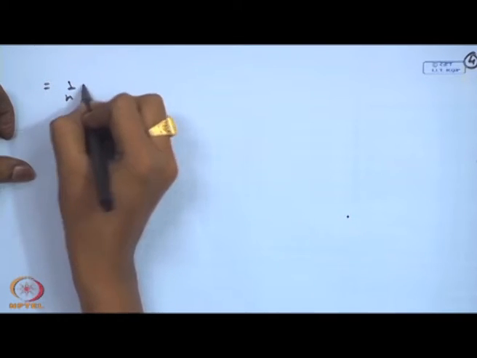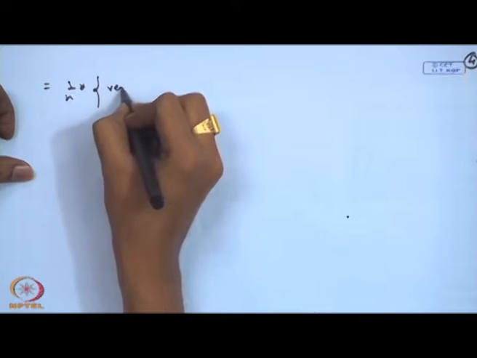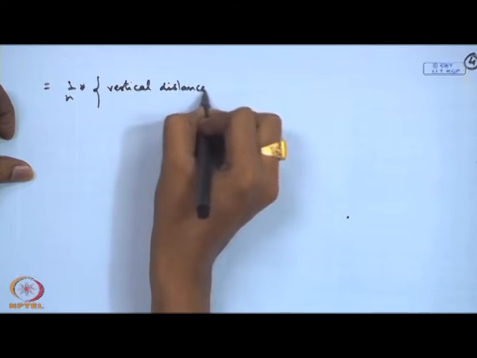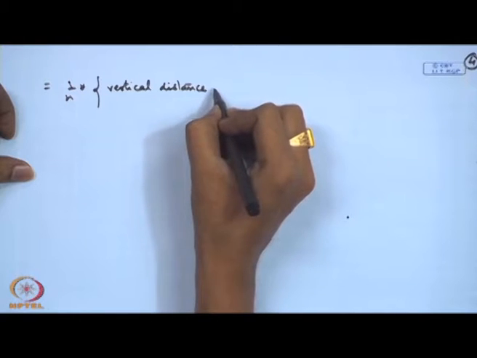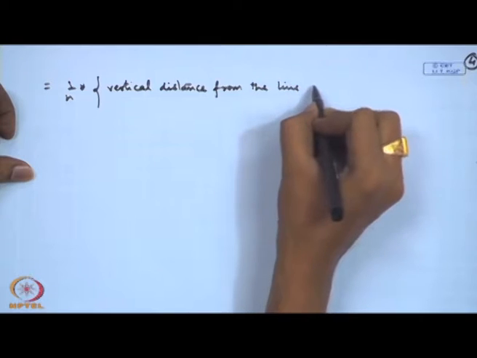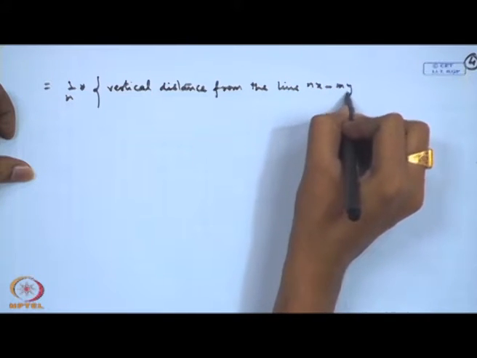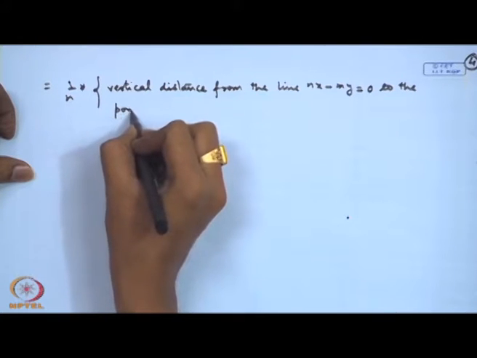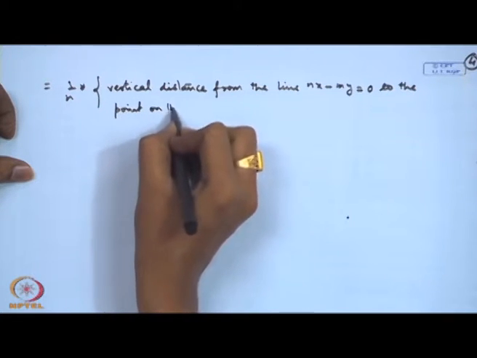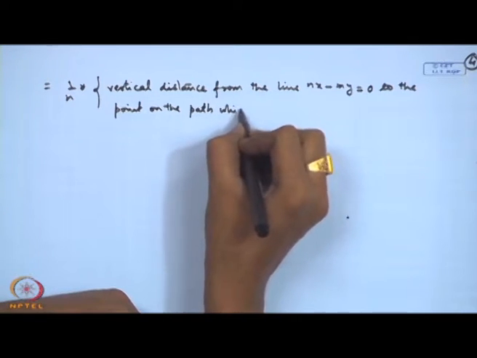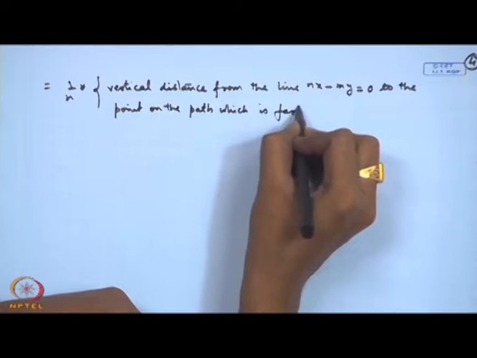We can express it as 1 by n into the vertical distance from the line nx minus my equal to 0 to the point on the path which is farthest.